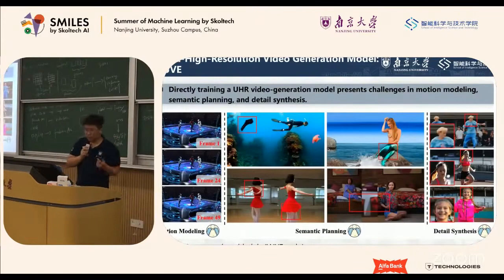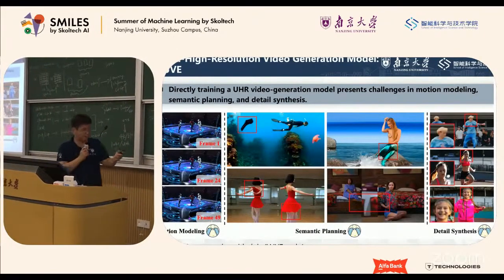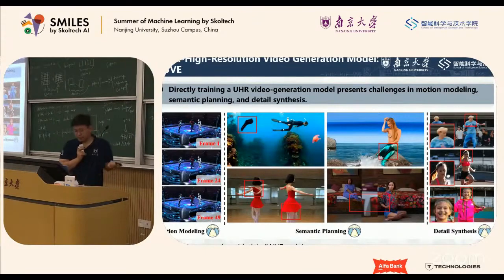So direct ultra-high resolution video generation involves three major challenges: the motion modeling, the semantic planning, and detail synthesis. And a successful model must generate correct content and coherent motion while maintaining the stable high-resolution details.